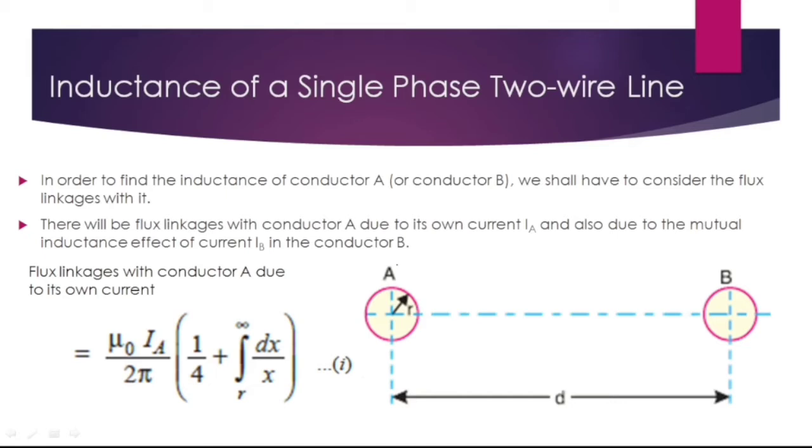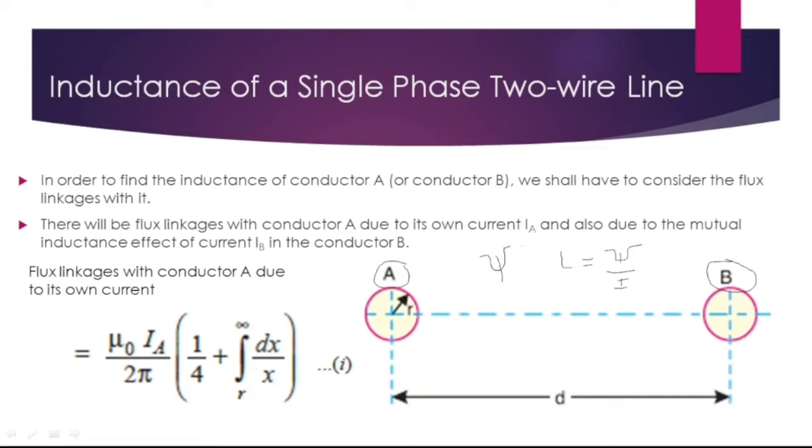That means you need to calculate either the inductance of conductor A or of conductor B. We first calculate the value of flux linkages, generally represented by psi. As concluded in the previous videos, L is equal to psi by I. We need to calculate the flux linkages, the psi value.